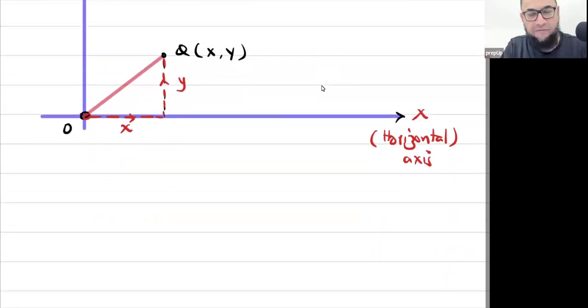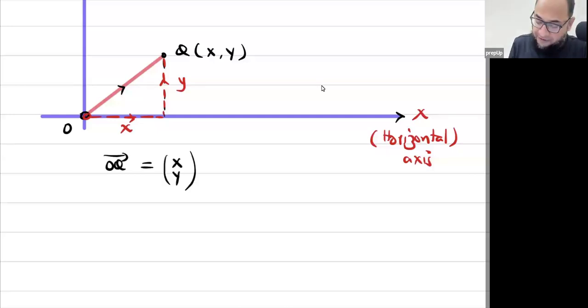Now, you all have naturally done O-level math. If I talk about the vector OQ, that can be written as (x, y). If I talk about the magnitude of this vector, that is the square root of x squared plus y squared.